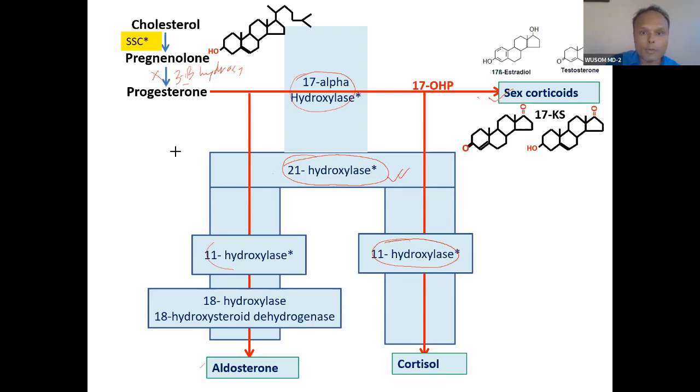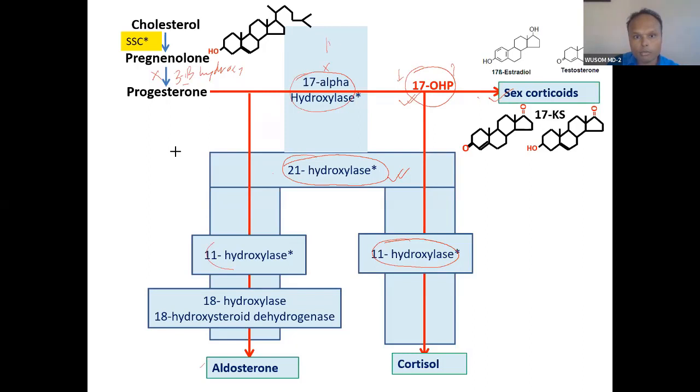Remember, in this pathway there is a molecule called 17 hydroxyprogesterone. This molecule will be very important. In 17 alpha hydroxylase deficiency, this will be low. If this other enzyme is deficient, this will be high. So you can remember this picture. This is a brain map I am providing you. Whenever I tell you 17 hydroxylase deficiency is there, you have to remember this pathway.